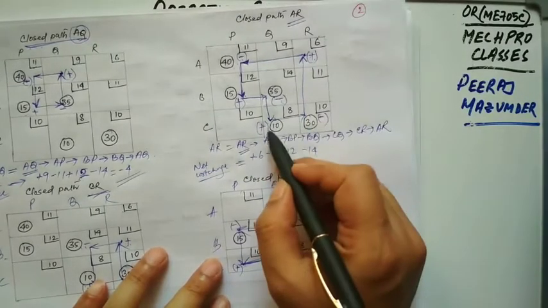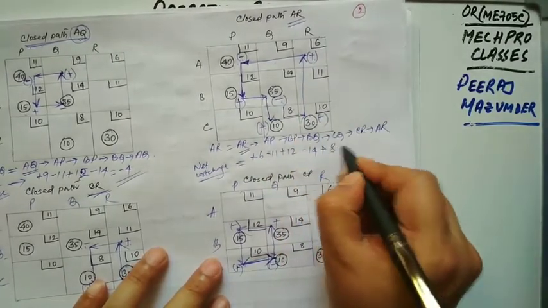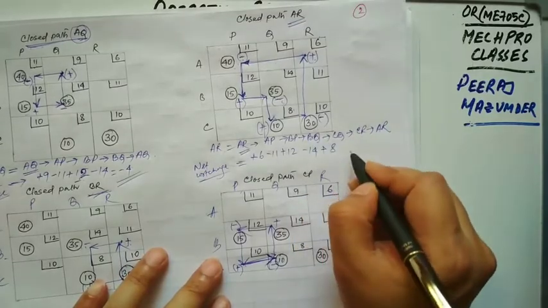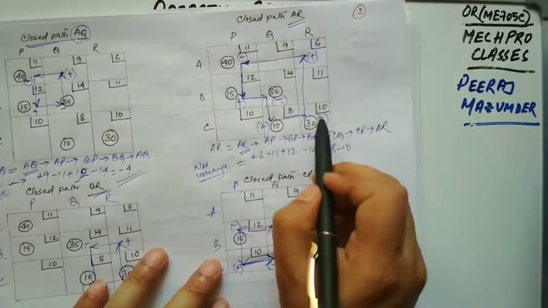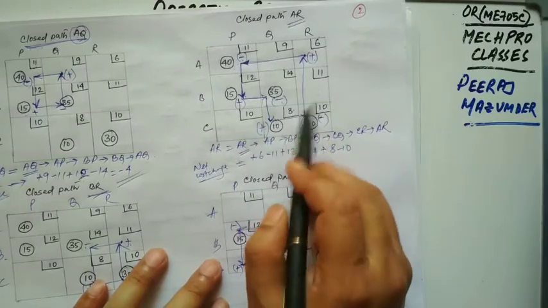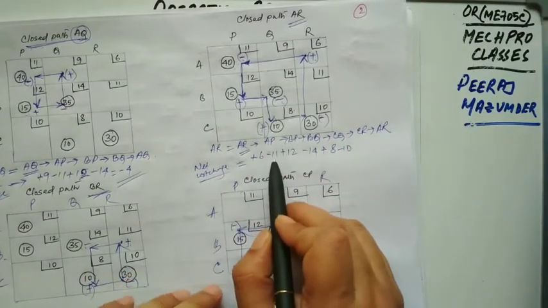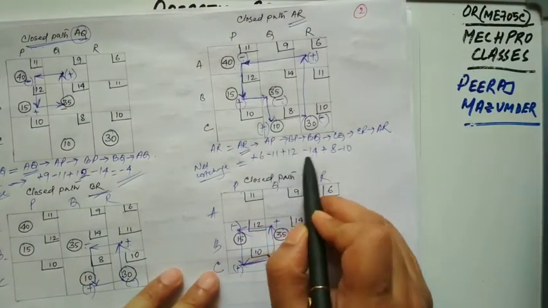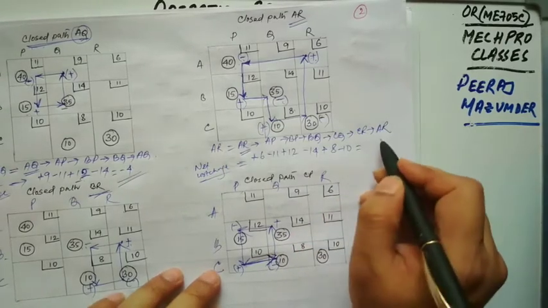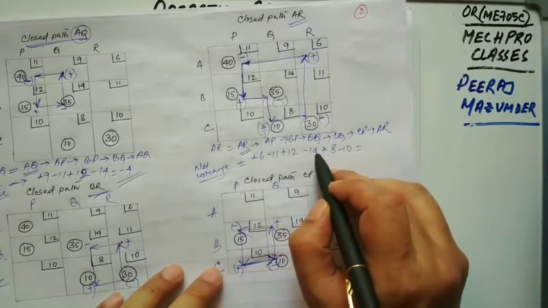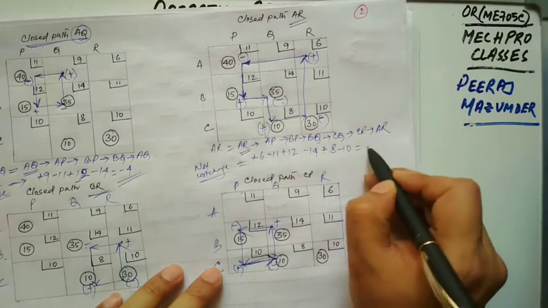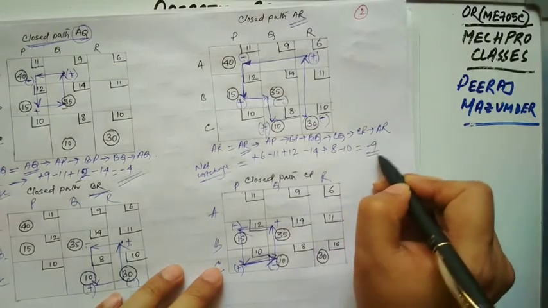This one, plus 8. Minus 10. So how much? 1, 2, 3, 4, 5, 6. So this gives you 6 minus 11, plus 12, minus 14, plus 8, minus 10. Minus 9.